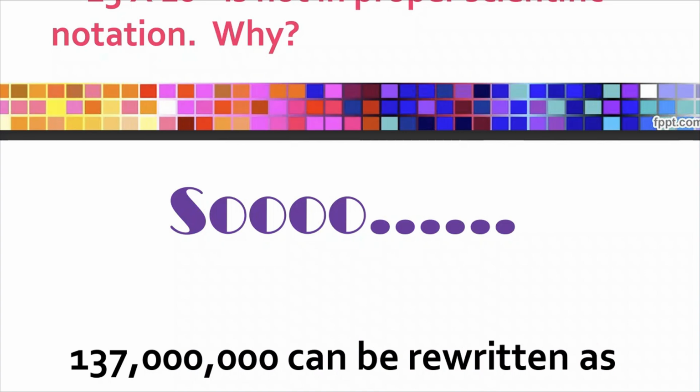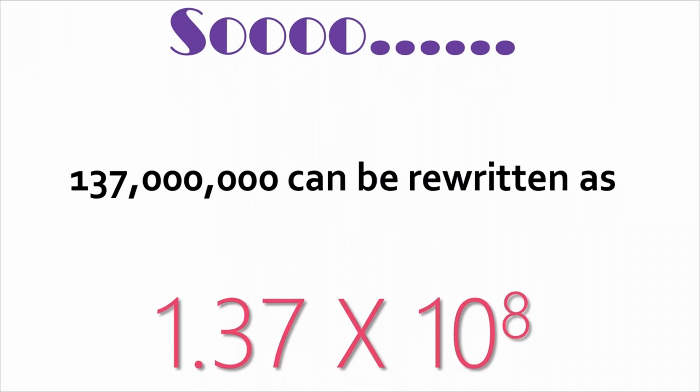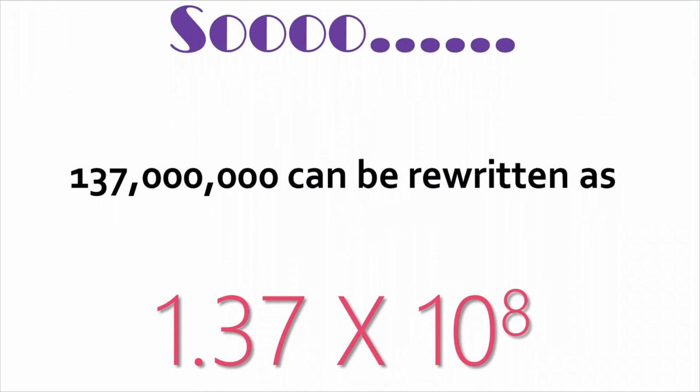It is 1. So after placing a decimal after 1, count all digits after the decimal. How many are they? 6 zeros, 1 is 7, 1 is 3. So altogether they are 8. So how would I write? I would write 1 decimal 37 times 10 raised to the power 8.